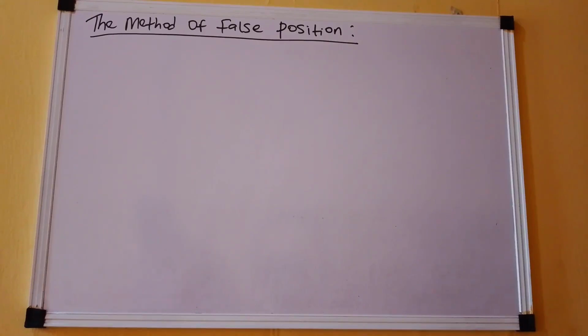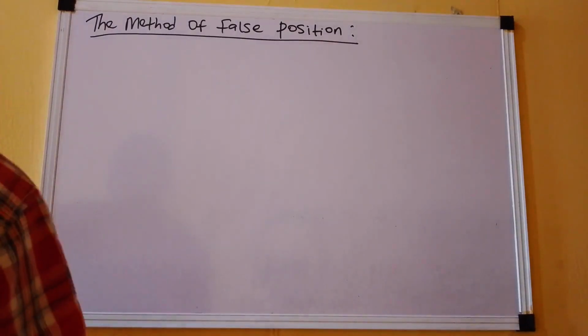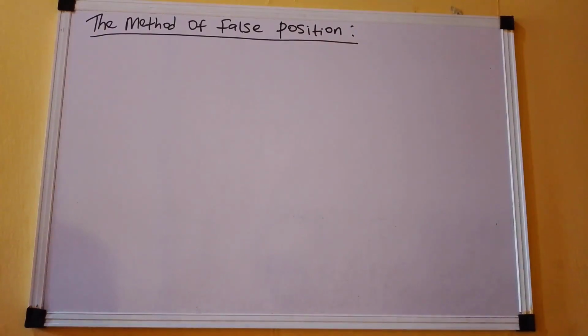Today we shall be looking at a vital topic in numerical analysis, and that topic is the method of false position. We want to see how we can use this method to solve algebraic equations in numerical analysis.